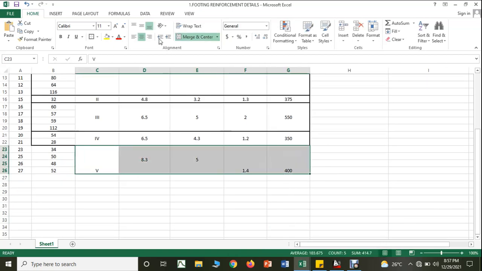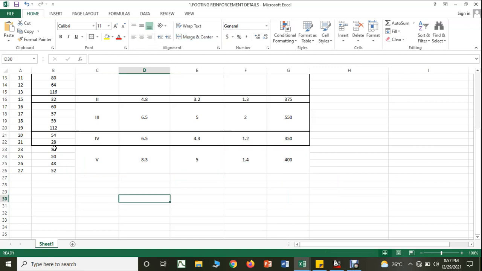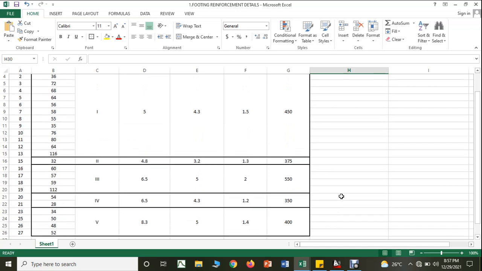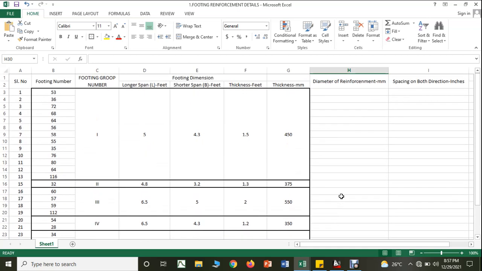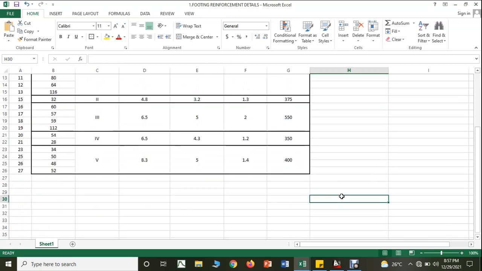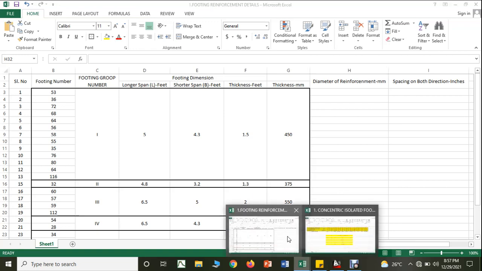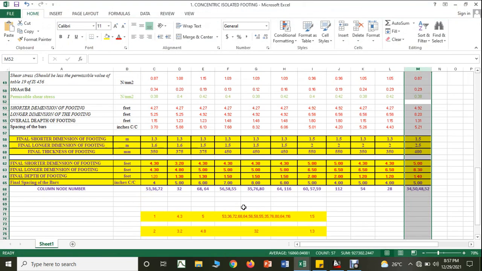Okay, so this will be my fourth group. These are the 5 sets of column groups that we have. Now I have to give the diameter as well as the spacing. What diameter have I used? Let's see.